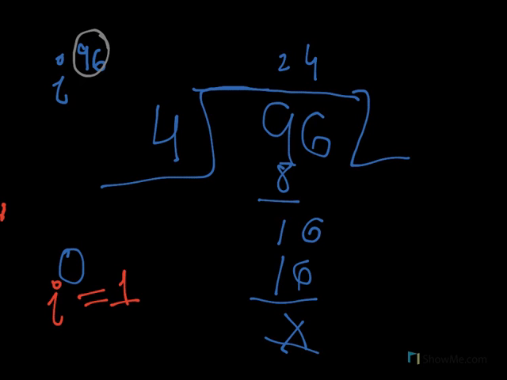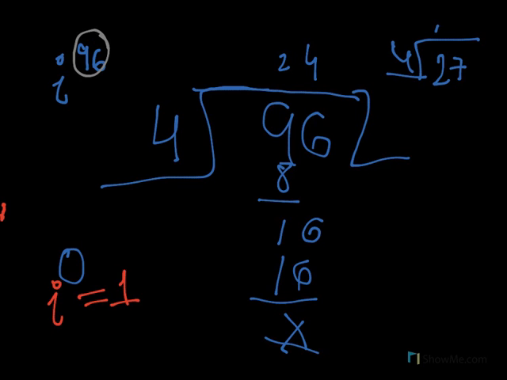In the same way, let's say we have to find i to the 27th. We take 27 divided by 4.